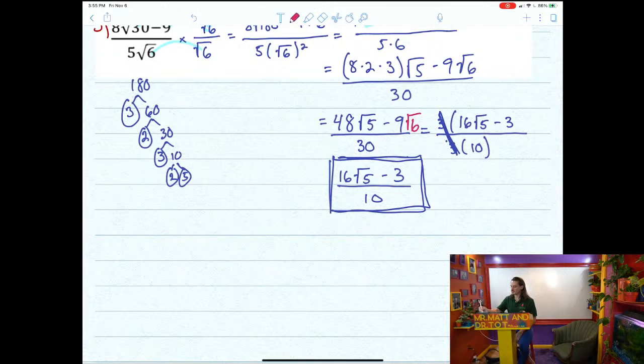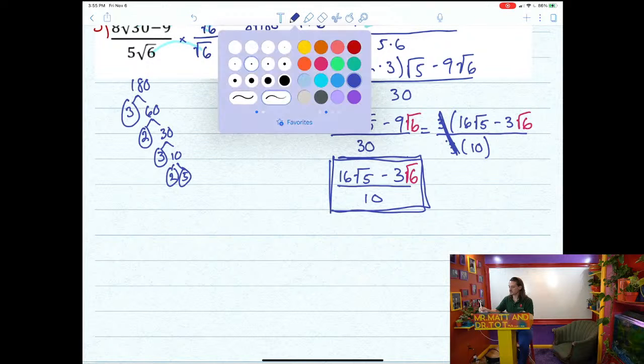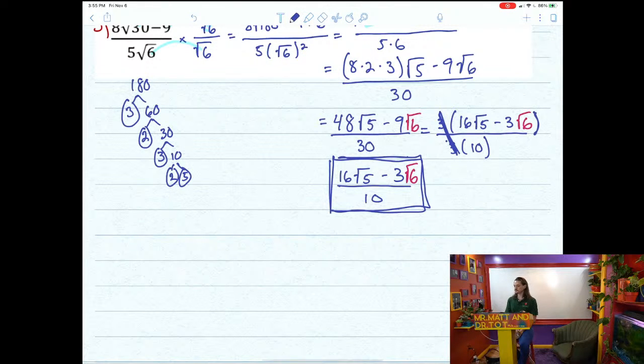So we have root 6 here. I'm sorry, guys. This 3 should have a root 6 attached to it. Yep, that's totally my fault. Very good eye. Dropping the root 6 at the end is so easy to do.